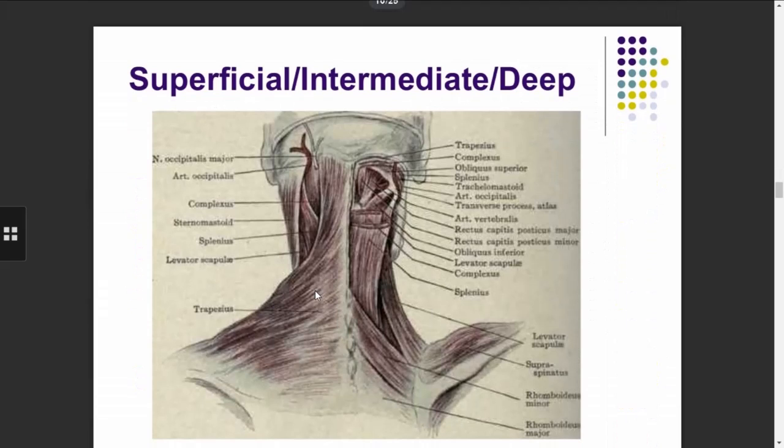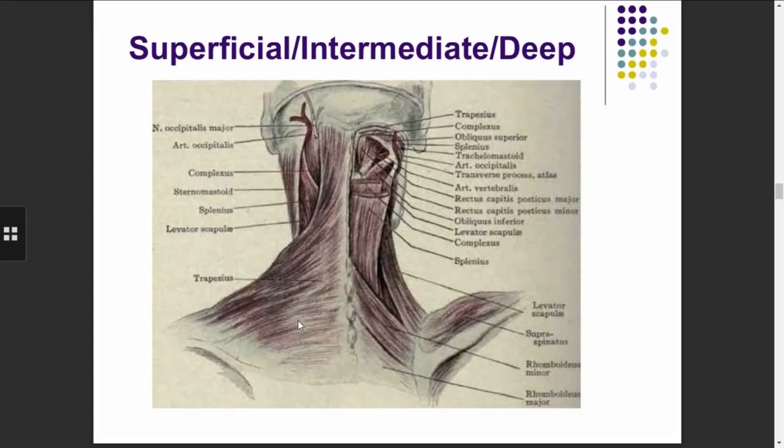Here we can define three terms on the basis of muscles. First one, this is the trapezius muscle. You can see that it is superficial to the splenius capitis muscle.